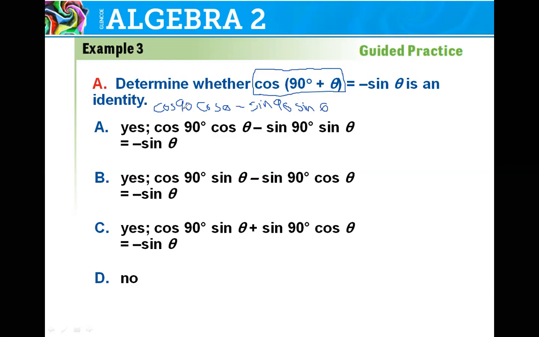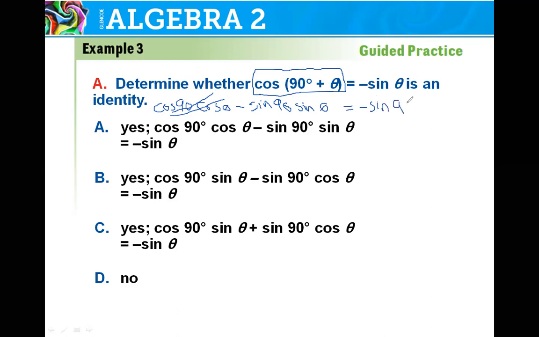Cosine 90 equals 0. So 0 multiplied by cosine theta, this part will be equal to 0. The remainder is this part, which is negative sine 90 times sine theta.